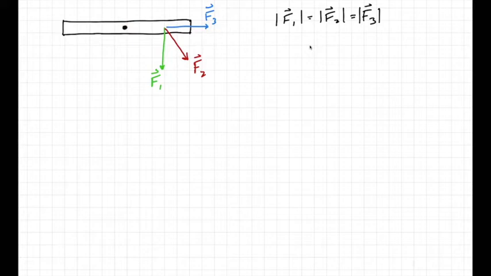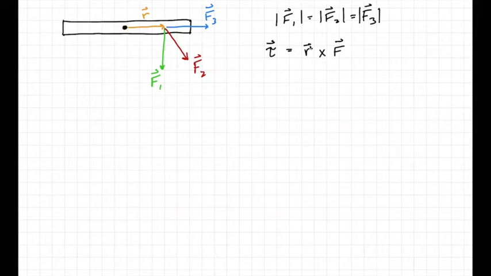The way that we can quantify this is by going back to our definition of torque. So torque, this cross product. In all the cases here, the r vector is the same. So r is that vector from the axis of rotation to where the force is applied. And in this case, all the forces are applied at the same place. So I'm just drawing one r vector for all three of them.